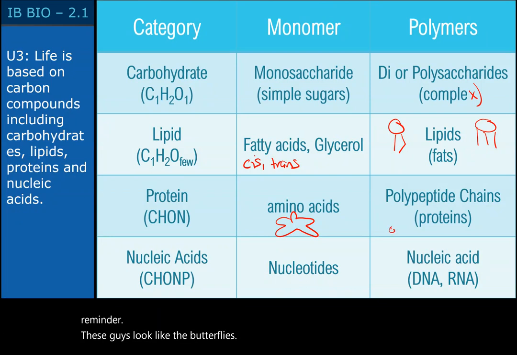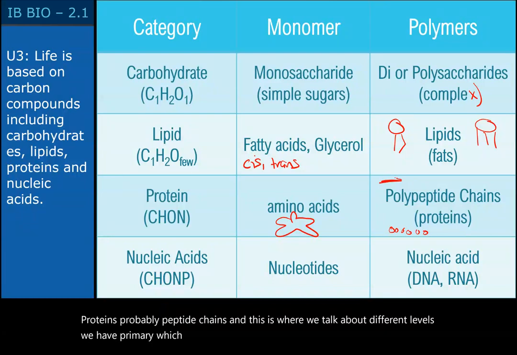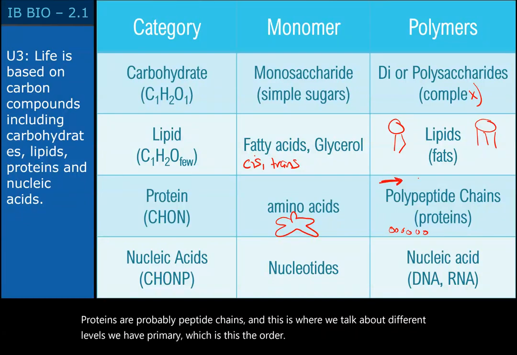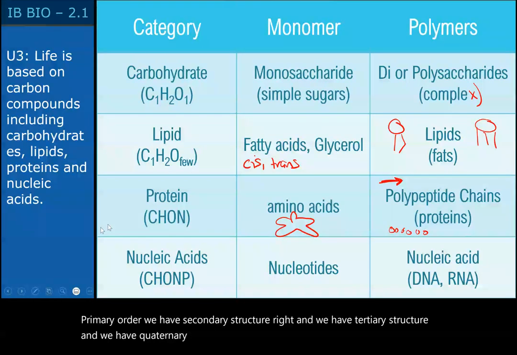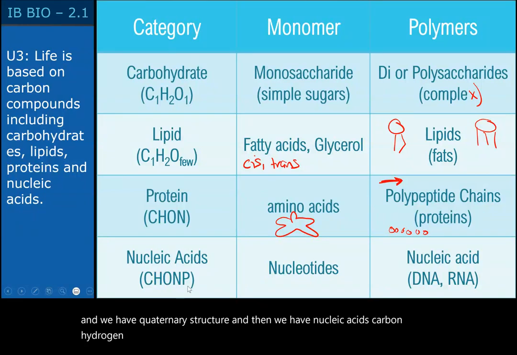Together, amino acids create proteins or polypeptide chains. And this is where we talk about different levels. We have primary, which is the order, primary order. We have secondary structure, right? We have tertiary structure, and we have quaternary structure. And then we have nucleic acids: carbon, hydrogen, oxygen, nitrogen, and for the first time, phosphorus.